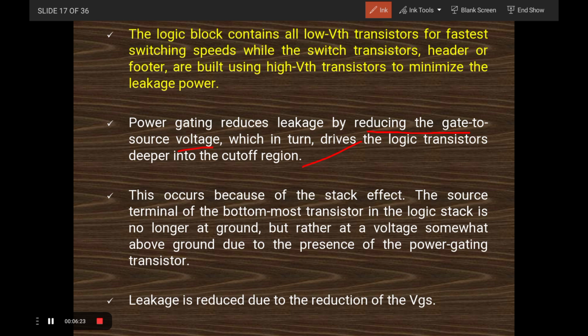When the transistor is in the cutoff region, the circuit is in the high VT mode, which reduces the leakage current. Therefore overall power dissipation also decreases. That is the basic concept. So that is the summary of this complete slide. Okay, let's move on to the next one.